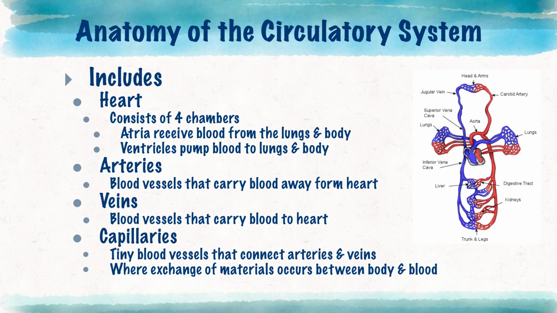It also consists of arteries, which are blood vessels that carry blood away from the heart, veins, which carry blood to the heart, and a series of capillaries, which are tiny blood vessels that connect the arteries and the veins at the tissue level. This is where the exchange of materials occurs between the body and the blood.